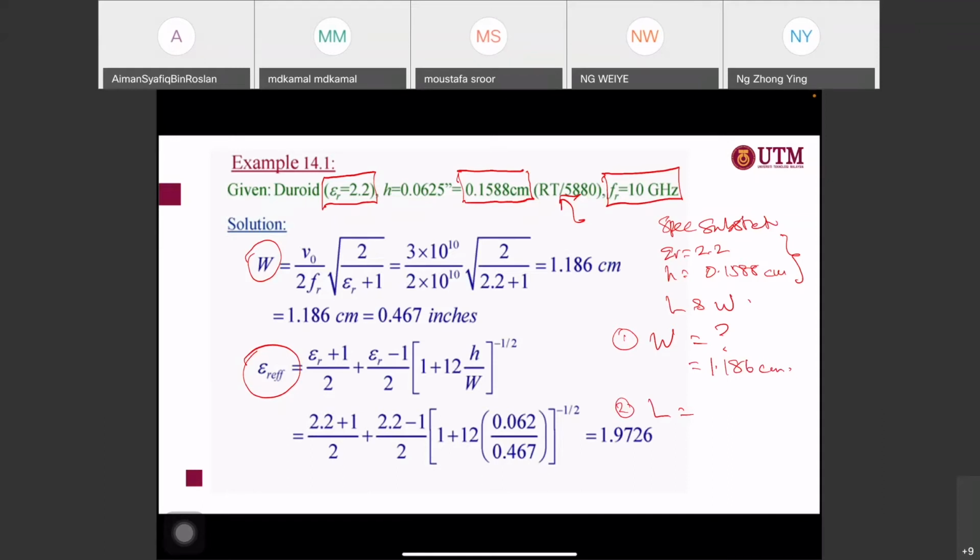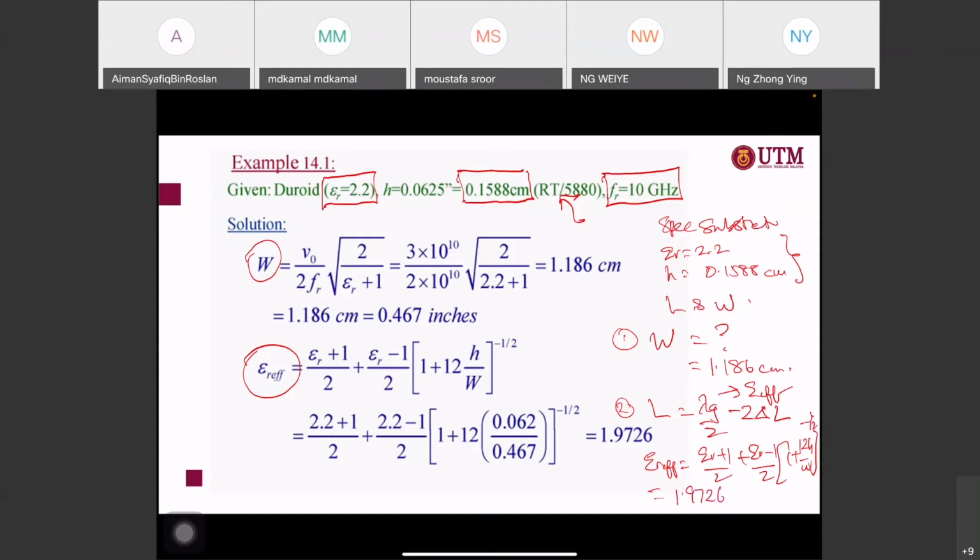L is actually half wavelength, you minus 2 delta L. Of course, for the half wavelength you have the epsilon effective here. Actually, epsilon R effective is epsilon R plus 1 over 2, plus epsilon R minus 1 over 2 times 1 plus 2H over W. When you calculate this value, you will get 1.9726.